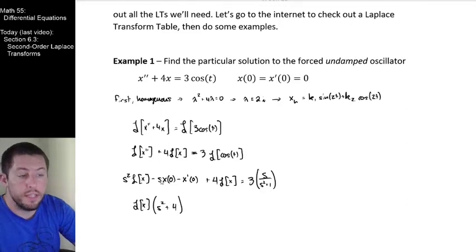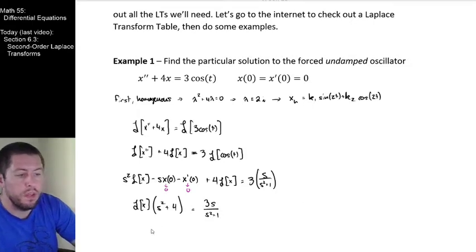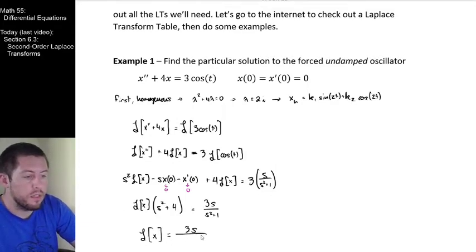This term is 0 because x of 0 is 0, and this term is 0 because x prime of 0 is 0, so those are just gone. The right side is 3s over s squared plus 1. So what we're getting for our Laplace transform of x is 3s over s squared plus 4 times s squared plus 1.